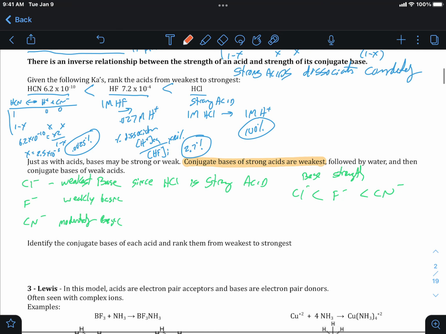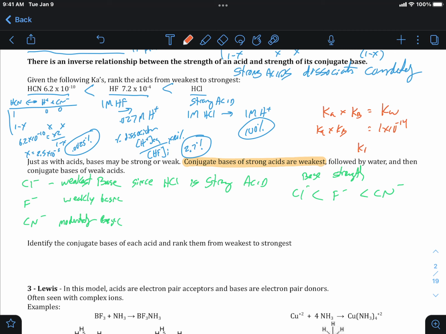So, there's this concept: Ka times Kb equals Kw. We've mentioned Kw before. You guys remember what the value of Kw is? 10 to the negative 14. Yes, right. So if I know this relationship and I know a Ka, I can solve for the Kb, and vice versa.